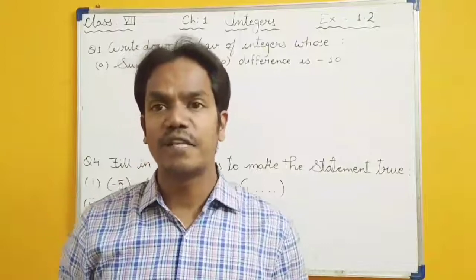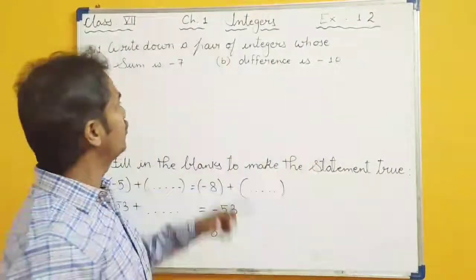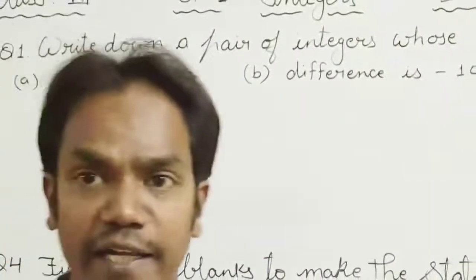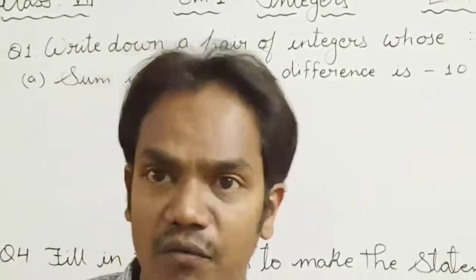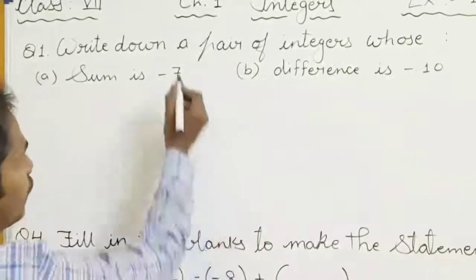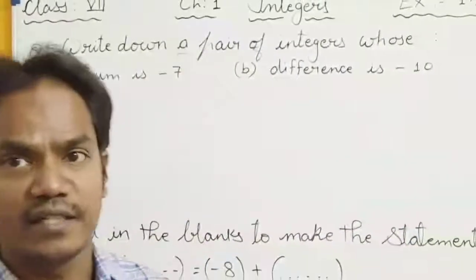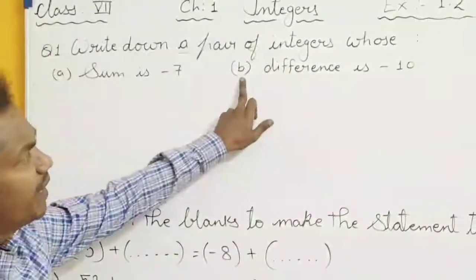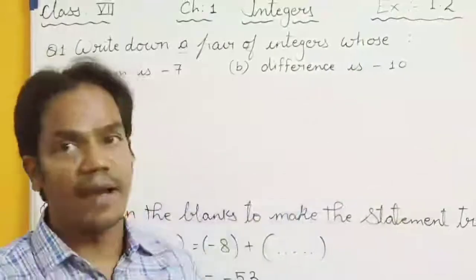Students, now we will solve exercise 1.2 question number 1. Write down a pair of integers whose sum is minus 7. Only you have to write one pair of integers whose sum is minus 7. And B part whose difference is minus 10.